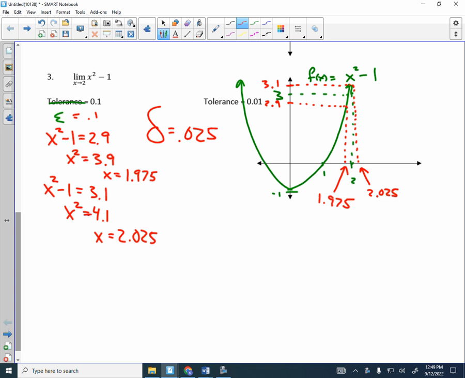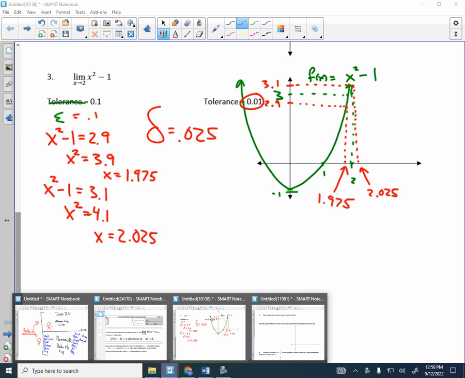Yeah. Okay, and so we can have pretty high confidence that that limit is exactly 3. Okay, does everybody agree that if I would choose an epsilon value of 0.01, I would still come up with a delta? Yeah, and as long as you continue to come up with a delta, then you're good to go.